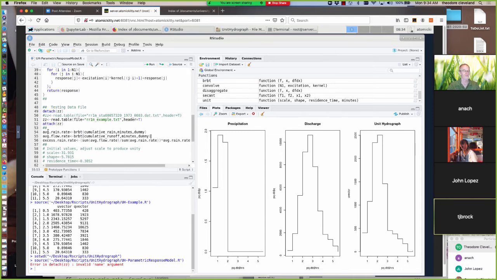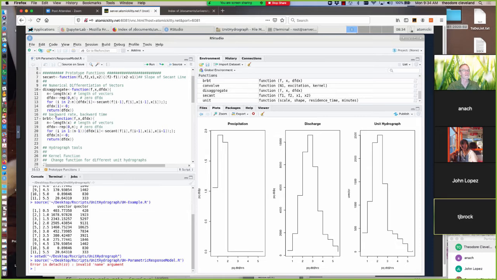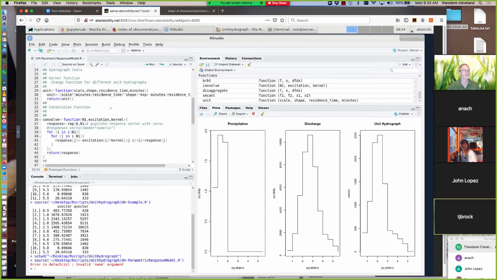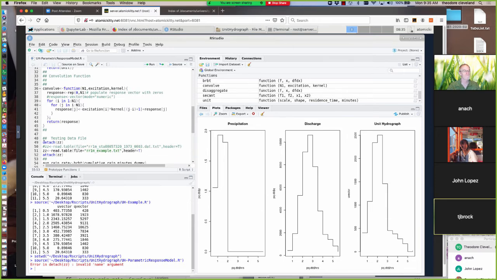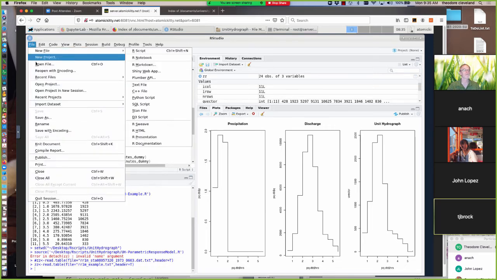As usual, oh, that was intentional, actually. I left behind a, okay, so it can't detach what's not there yet. So we just read the data. Oh, we should go take a look at the data first.